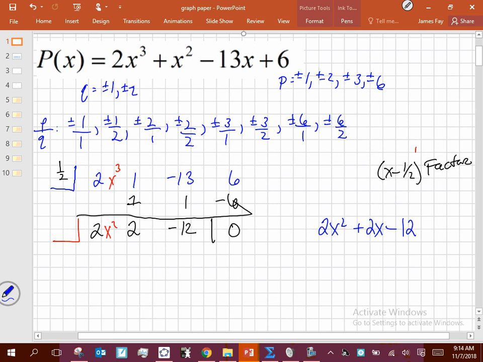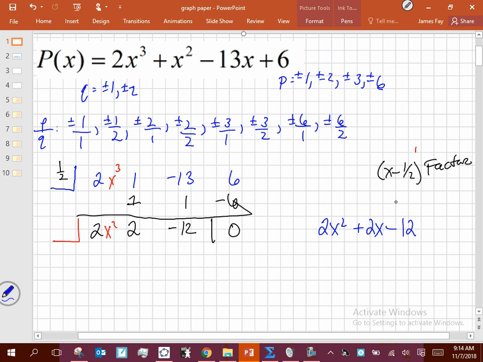Do not continue with synthetic division, because synthetic division might waste your time. Our whole goal here is to be efficient, and synthetic division is not all that efficient in comparison to our quadratic process.